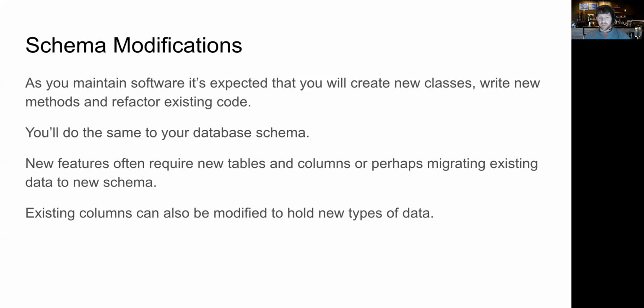So just be aware that schema modification, modifying your database as it grows, is common. Existing columns can also be modified to hold new types of data. If that's the case, you'd have to run a script on your database that changes the types in each column.